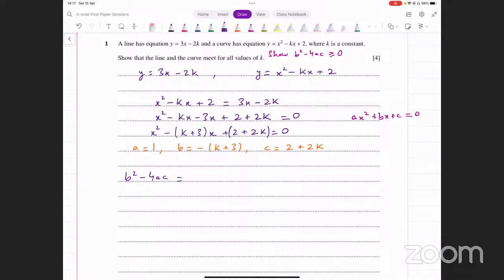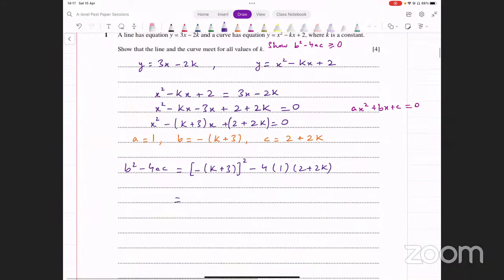Let's figure out b square minus 4ac. We say it's minus into k plus 3 whole squared minus 4 into 1 into 2 plus 2k. That's what it turns out to be. Now, minus का square करेंगे. Minus पूरे पे common है, right? Minus का square होगा तो minus तो वो तो plus हो जाएगा. What are we left with? K plus 3 whole squared. What does that give us?